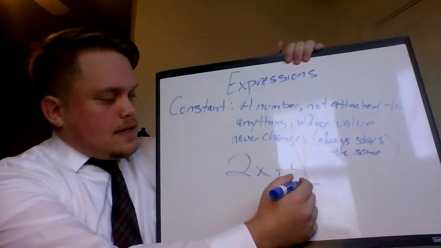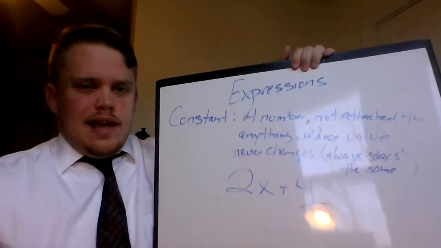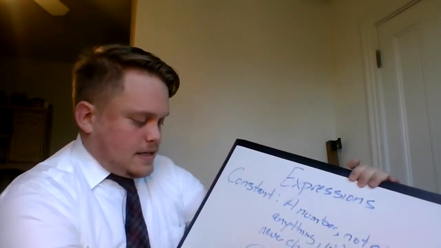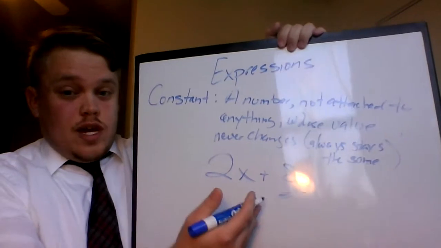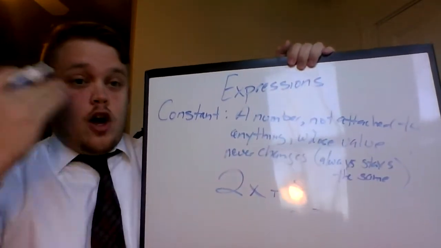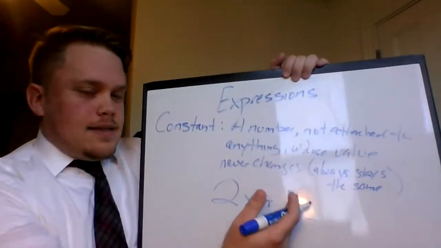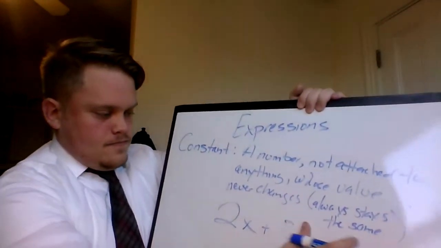So in this math situation here, this 4 always means 4. However, just to clarify, if this were 2x plus 8, then the constant in this situation would be 8. The constant is not necessarily always 4. It is just always the number that is not attached to anything whose value never changes.